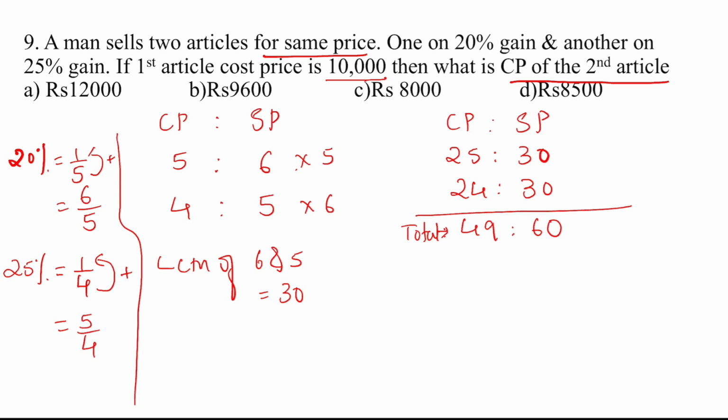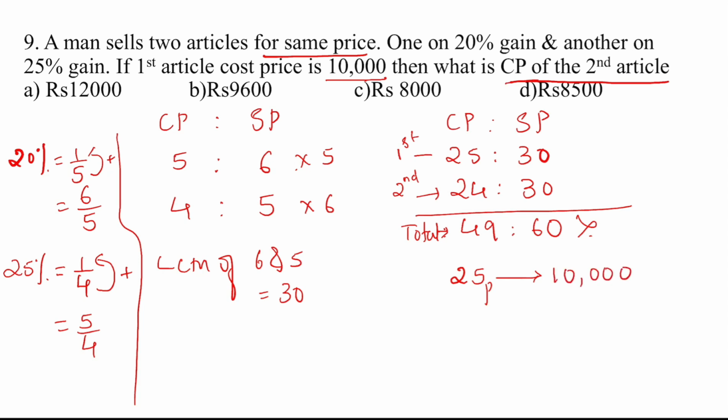Now they are saying the first article cost is rupees 10,000, that means the first article cost price is how much? 25 parts. Actually this step was not required. Okay. Anyways, this was the first article cost price and this was the second article. So the first article cost price is 10,000 and in parts it is 25 parts. So 25 parts is equal to 10,000. Then they are asking what is the cost price of the second article.